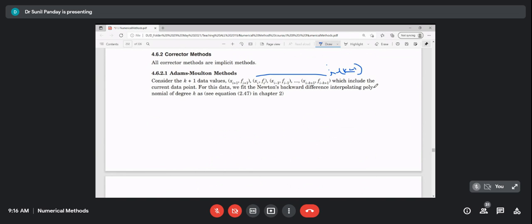So we are considering only k points when we are discussing this Adams-Bashforth method. Now in Adams-Moulton we have one more point. So now we are considering k plus 1 points.